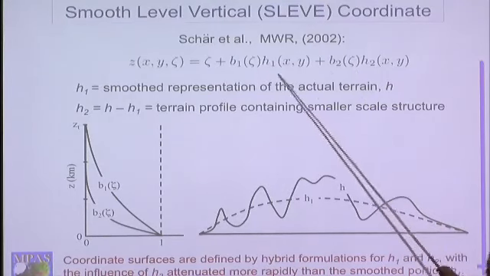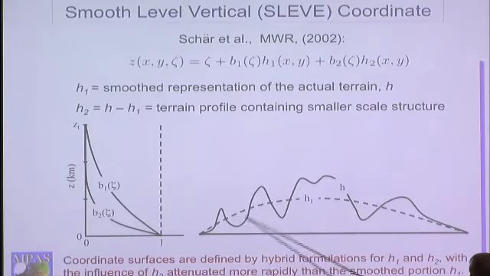And this is done in a way such that, if this is the true terrain height h here, they define some smooth version of that terrain height, call it h1, and it's sort of arbitrary how you decide that smooth version should be defined. And then h2 is, of course, just the difference between h1 and h. It's whatever is left.